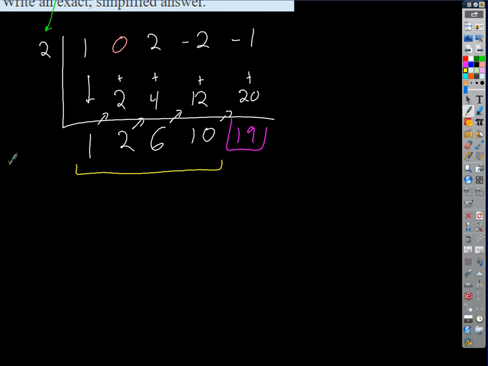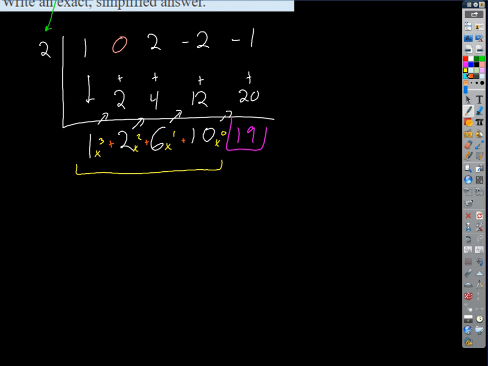If there were more, we just keep going, right? So we can think about this: there's an invisible x to the 0 there, which we don't write, an invisible x to the 1, x squared, x cubed, and then we just take a sum of all those.